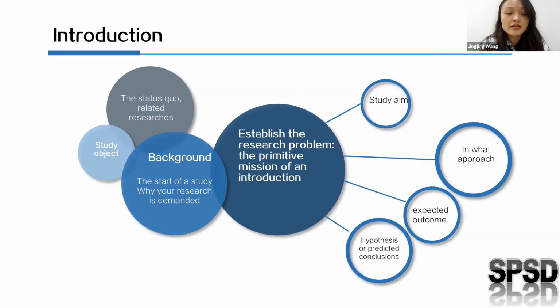The primary mission of an introduction is to establish your research problem. After the background is introduced, it is appropriate to propose the research problem. So when you write, remember to build the logical relationship between them.